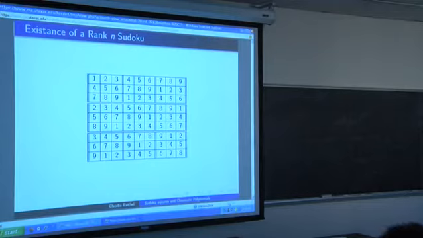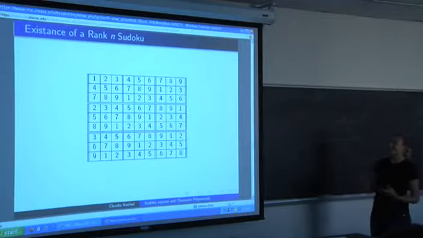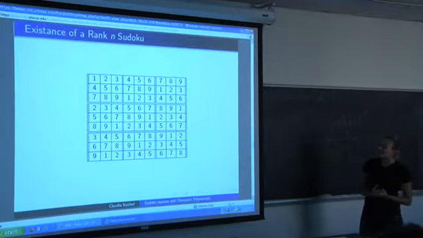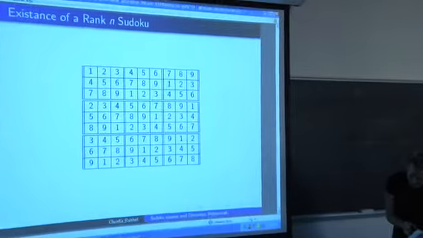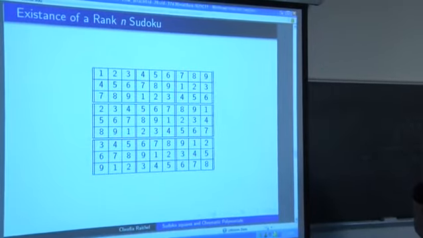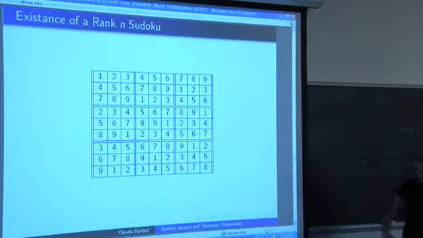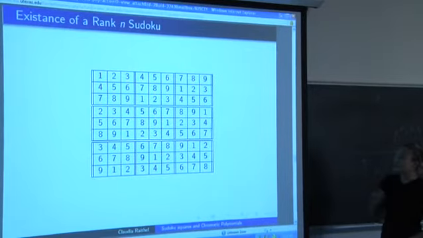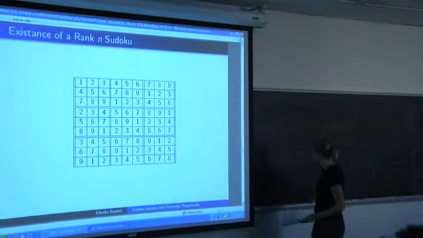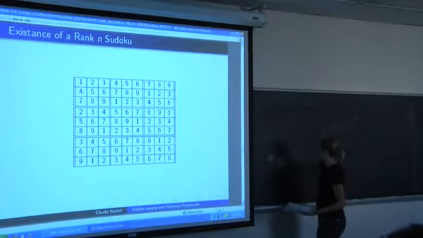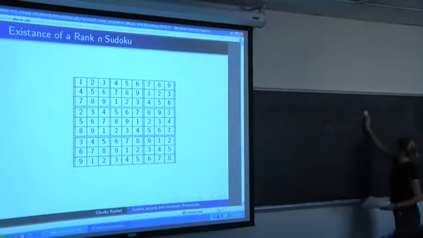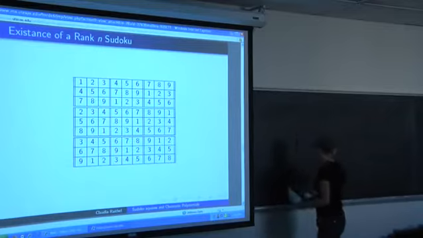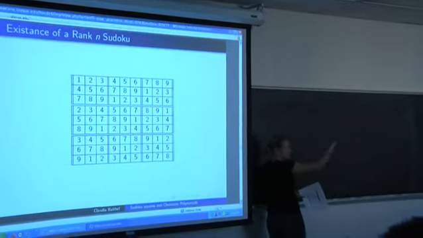Okay, so I also thought we should talk about the existence of a rank n Sudoku. There's an easy way to prove that there exists a rank n Sudoku. To fill it out, I'm going to do it in bands of n.